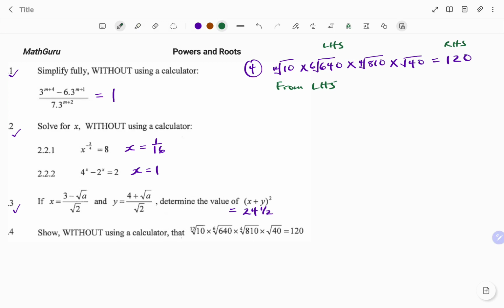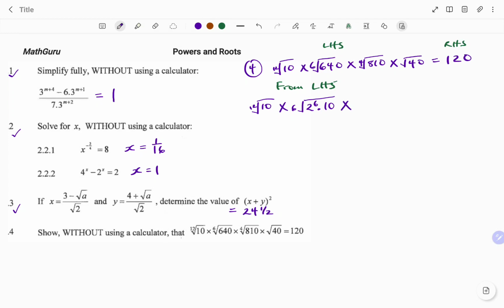I will first of all start by splitting up the value under my root. So I have the 12th root of 10. I'm going to rewrite that because it's not 12 times root 10, it's the 12th root of 10, times the 6th root of, to change 640 will be 2 to the power of 6 times 10.